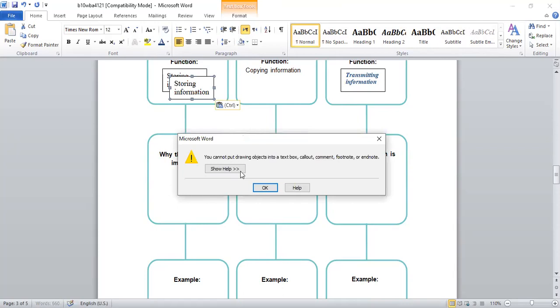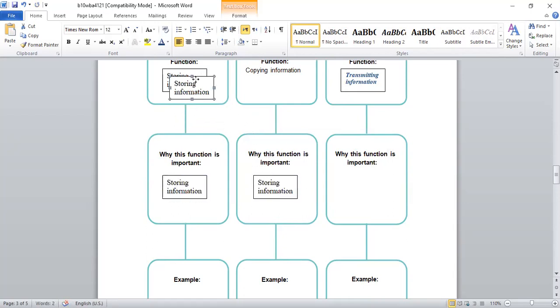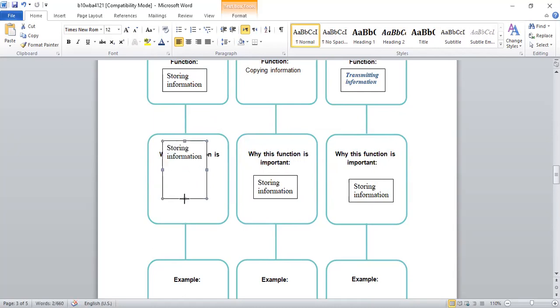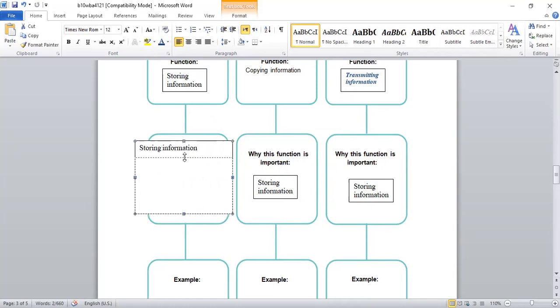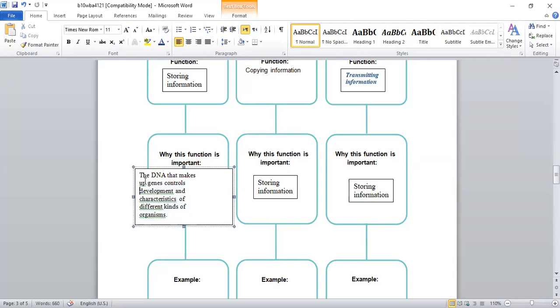The DNA that makes up the genes controls everything in the cell, including development, growth, and how the cell will perform.